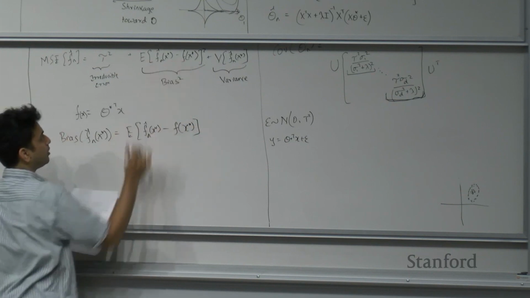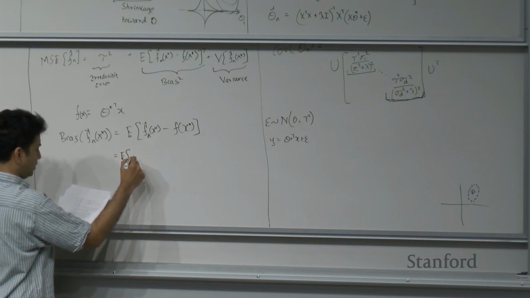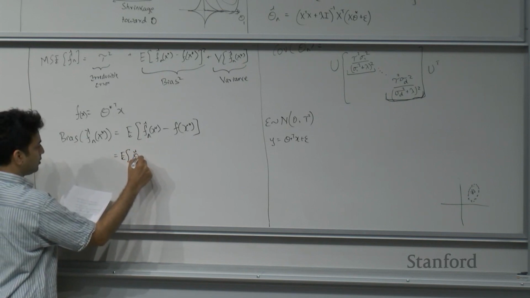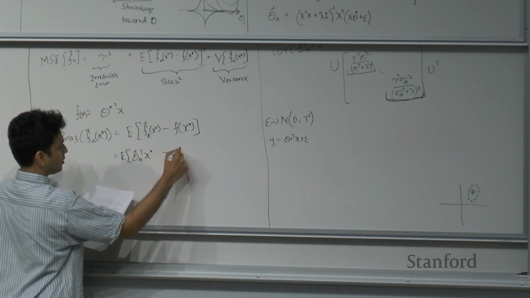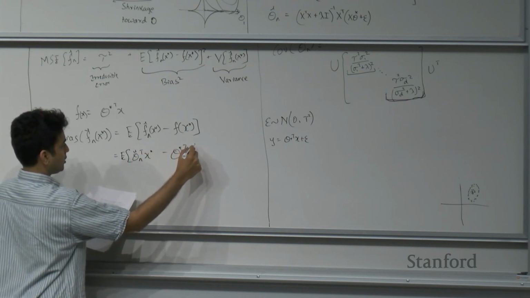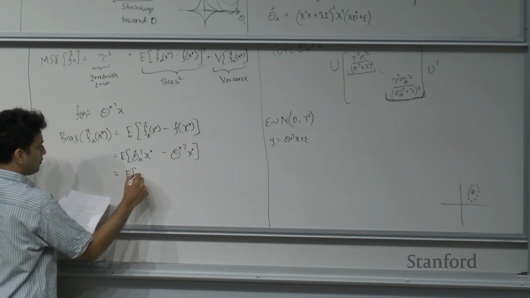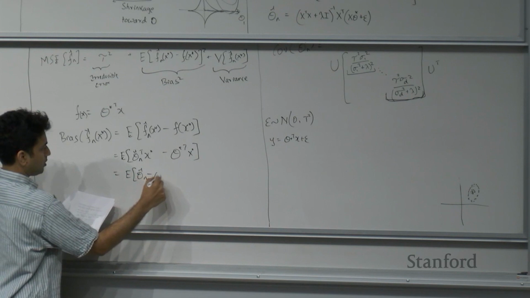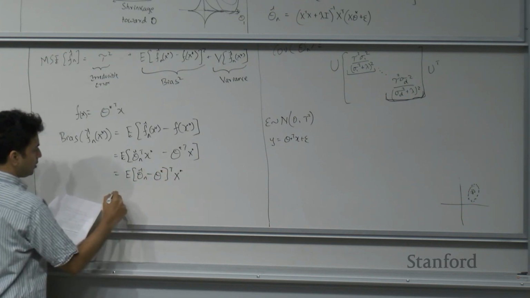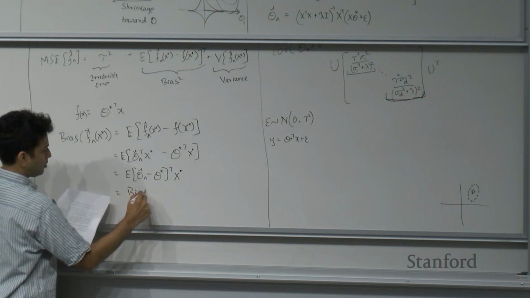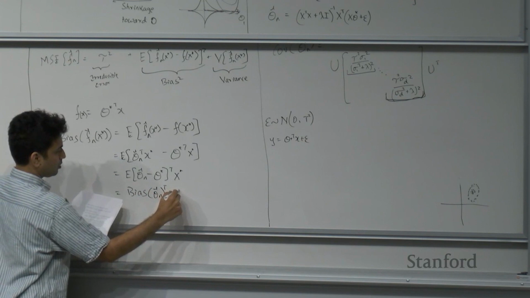That is the expectation of theta hat n transpose x star minus theta star transpose x star. This is equal to the expectation of theta hat n minus theta star, transpose x star, which is the bias of theta hat n, transpose x star.